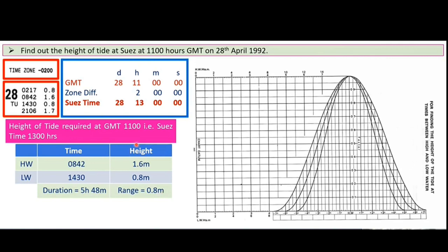And the time for which tide is required is 1300 hours Suez time. So we can find its interval after high water because it's an ebb tide, a falling tide. So we can find out this interval, and we find that the interval from 0842 to 1300 hours is 4 hours 18 minutes after high water. Now, having got this information, we go on to plotting on this side.